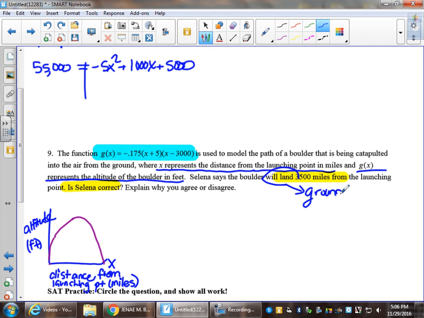Ground equals 0. So we're going to take the equation it gives us and set it equal to 0. From our day 5 notes on solving by factoring, you should know how to solve this. So go ahead and take a look at your day 5 notes.